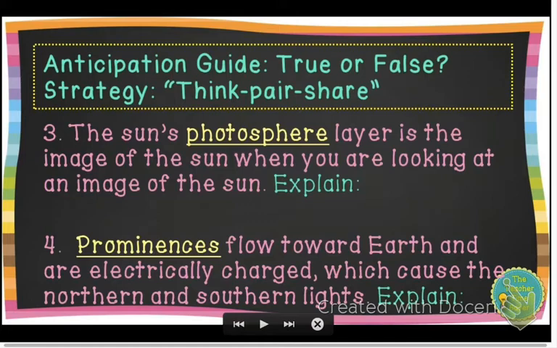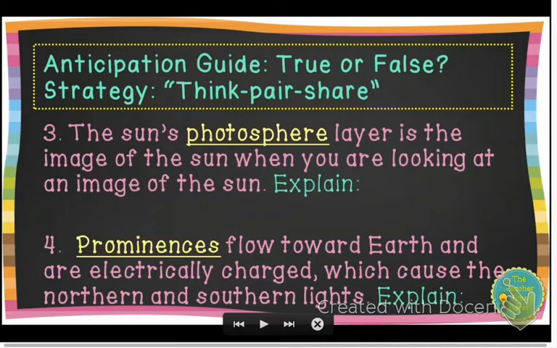So, number 3, the sun's photosphere layer is the image of the sun when you are looking at an image of the sun. So basically it's saying that when you look at a picture of the sun, that is showing you the photosphere layer. Do you think that's true or false? Go ahead and write down your answer, and if you think you can explain it, that's okay.